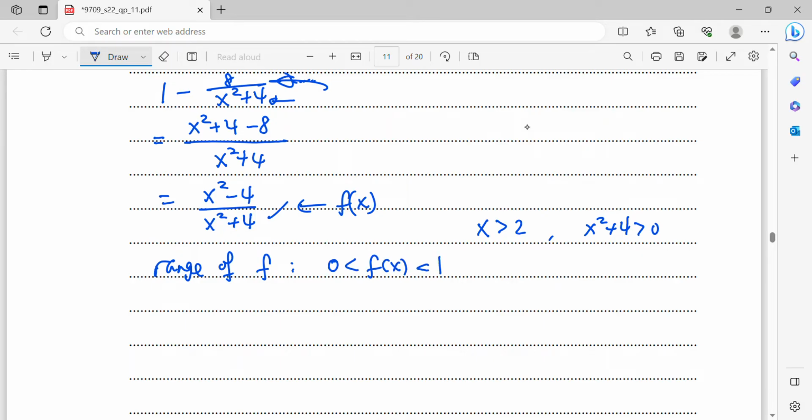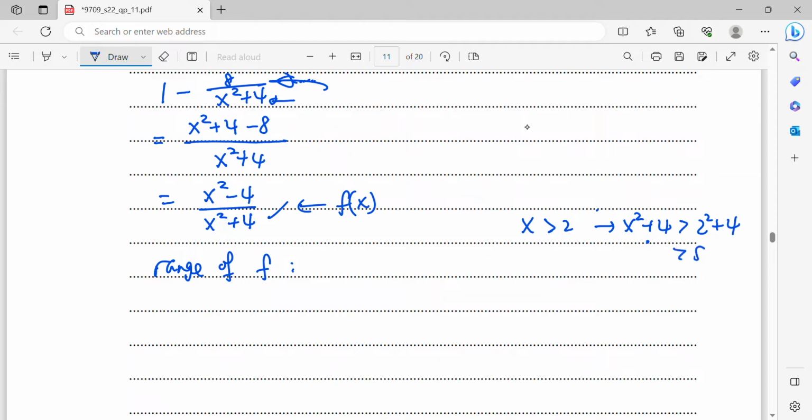Because, look at here. I know that your x squared plus 4 is greater than 0. So when x is greater than 2, that means 2 squared plus 4, it will be 8 already. So 1 minus 8 over 8, I will write like that. To explain this, because your x is greater than 2, x squared plus 4 is greater than 2 squared plus 4.